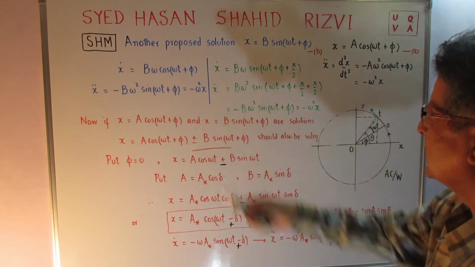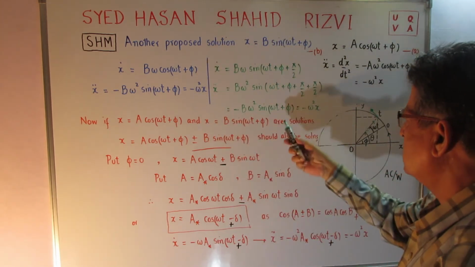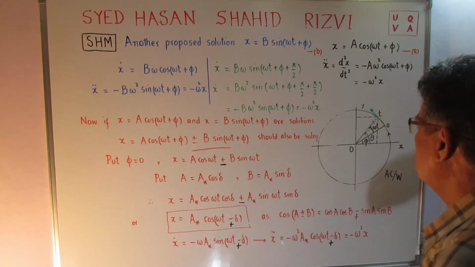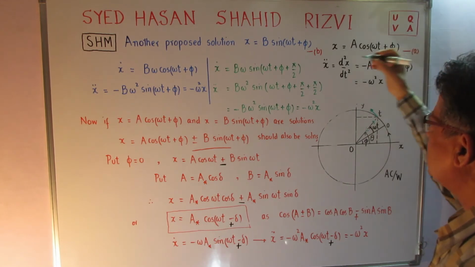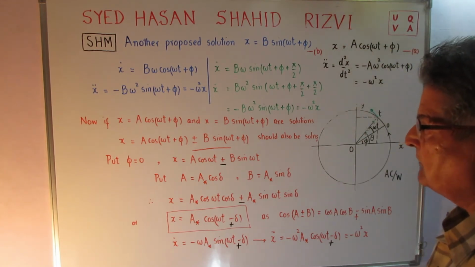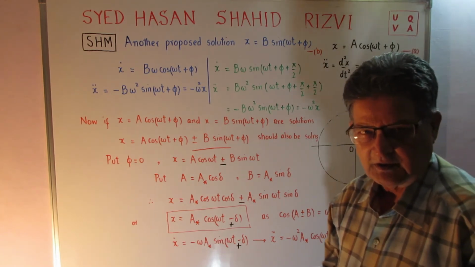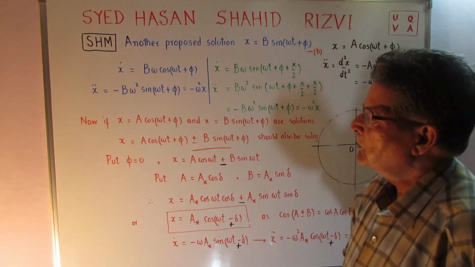So by the normal method and by my method, in both cases we get minus omega square x. This is one of the proposals, and this is another, and we find that both proposals fit, and we can check that.